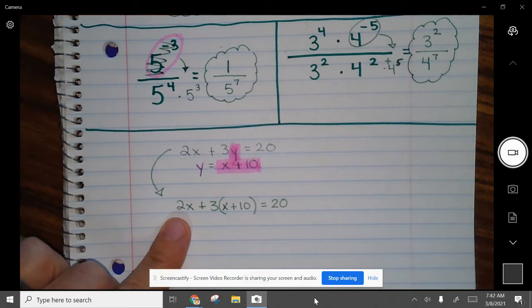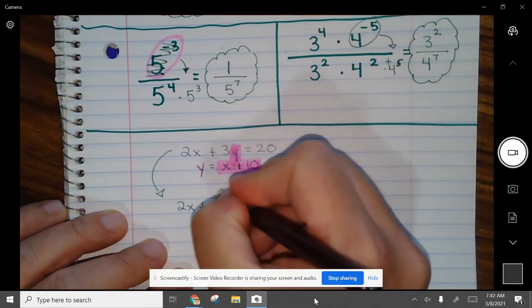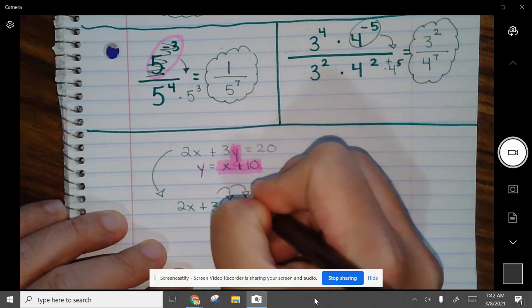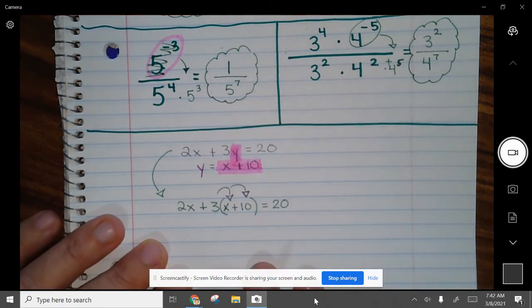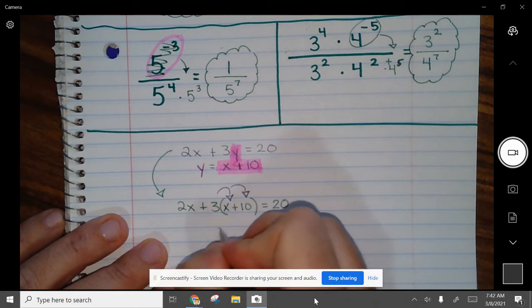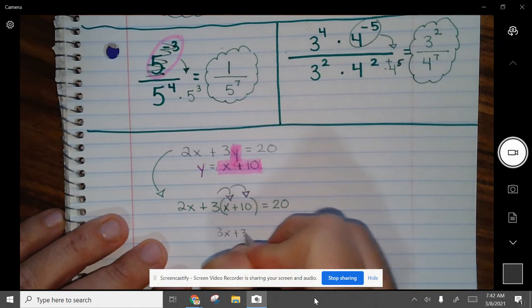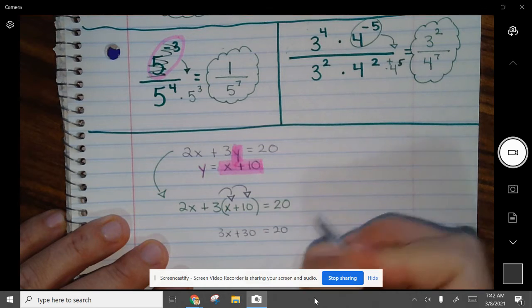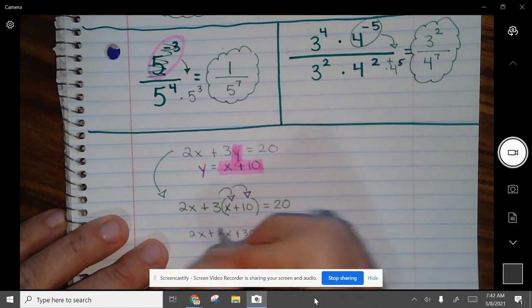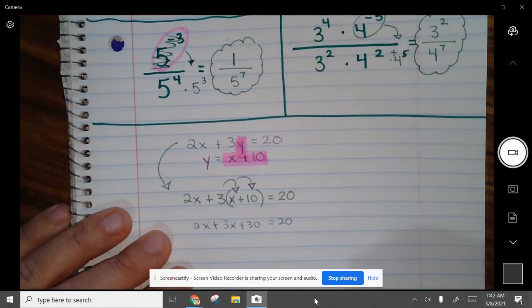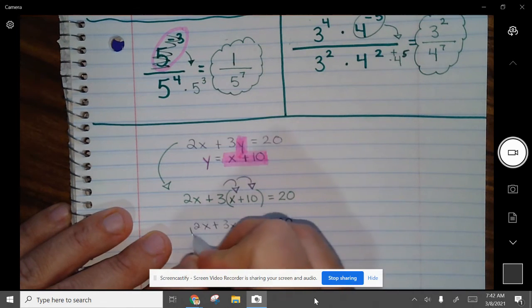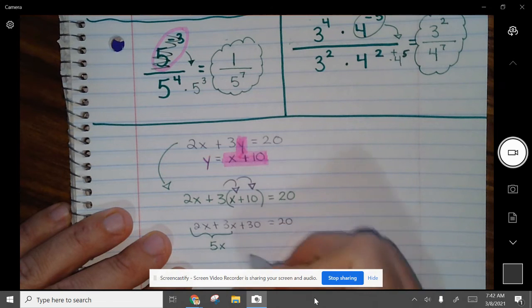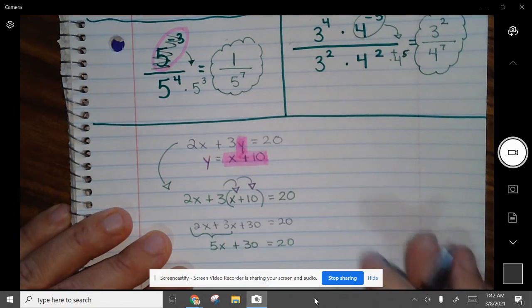All right, so then what do you do from here? We're going to go ahead and distribute first. 3x plus 30 equals 20. All right, I just brought down the 2x, I brought down the 20. This is 3x plus 30. Then I get 5x, right, plus 30 equals 20.